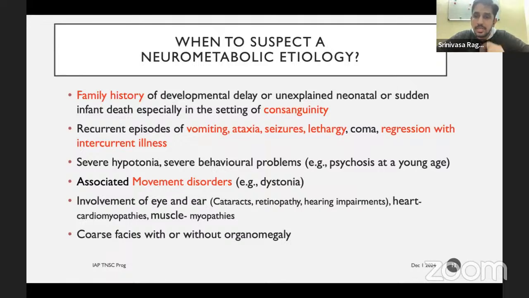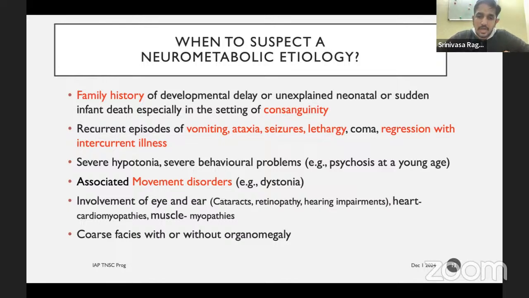Because these are potentially treatable disorders which can present as cerebral palsy. If there is a family history of developmental delay, elder siblings affected, cousins affected, multiple family members affected, or previous unexplained sibling deaths in the parents, you definitely have to suspect it, especially if there is a setting of consanguinity. That is one of the strongest points to rule in a neurometabolic disorder. If the child has had recurrent episodes of encephalopathy, vomiting, or becomes very sick even with a minor illness, you should suspect a neurometabolic etiology like organic acidemias or a mitochondrial, lactic acidosis-like illness.